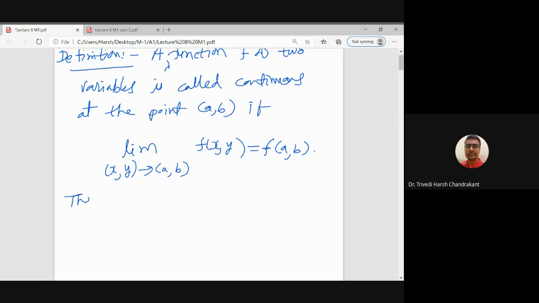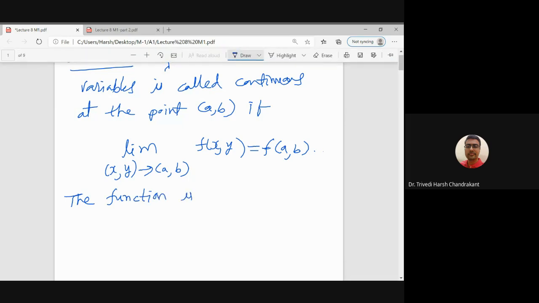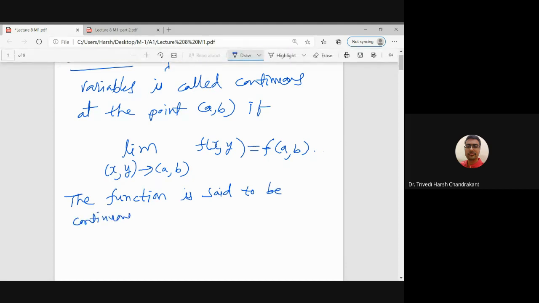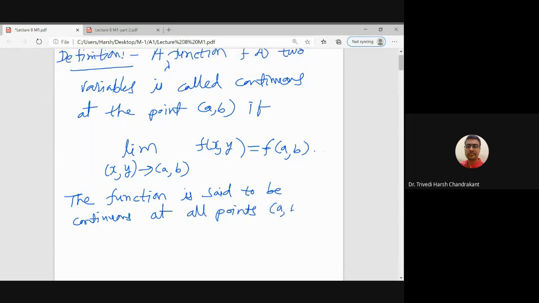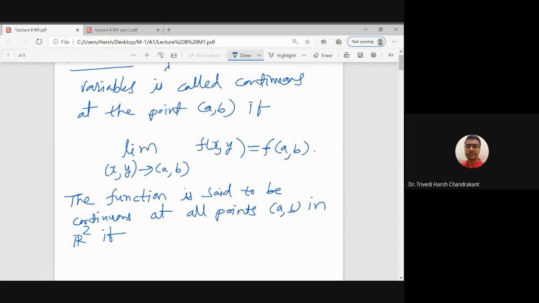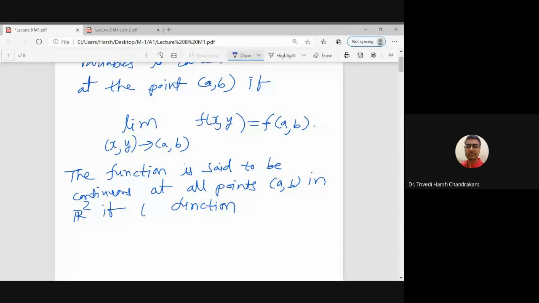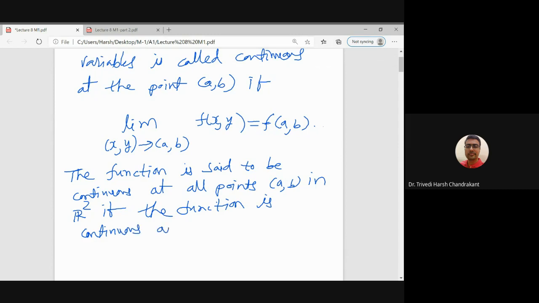So the function is said to be continuous at all points (a, b) in R2 if the function is continuous at each point (a, b), right?